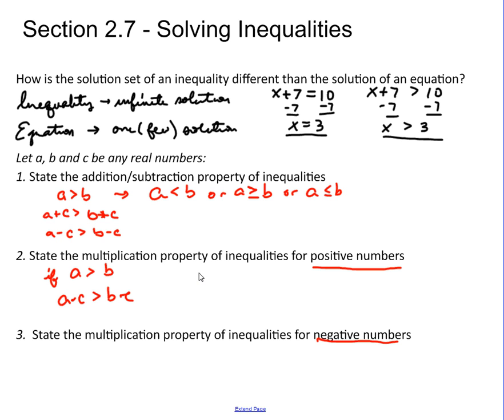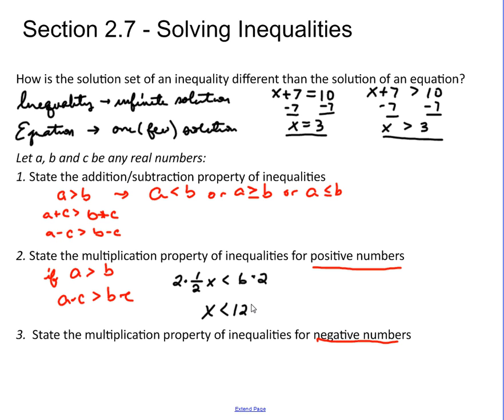If I told you I had 1/2 times x, and I said that was less than 6, if I wanted to find a solution to this inequality, I would do the same thing as an equation, which is I would multiply both sides by 2. Multiplying by positive 2 on both sides gives me 1x on the left, and 12 on the right, so x less than 12 would be a way of giving me a solution.